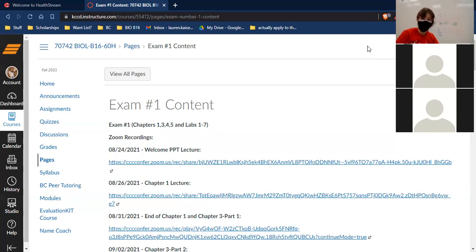Once you take either or, you'll turn it into Dr. B and she'll hand you the other one. So like if I walk in and I decide to do lab first, just to get it out of the way, I'm not stressed about it. I'm gonna do the lab section completely, and then I'm going to hand it in. And then she's going to hand me the lecture portion of the exam, and I'll sit down on the other side of the room and fill that out and then give it back to her.